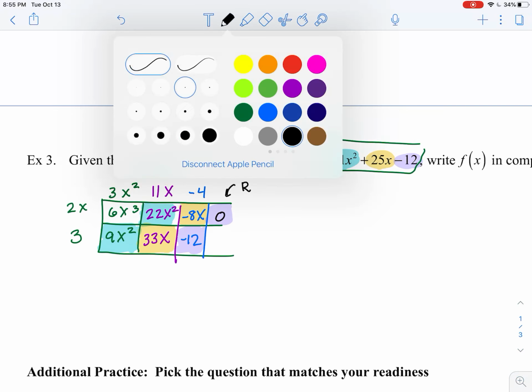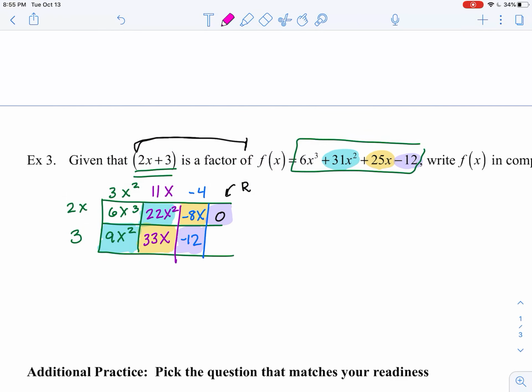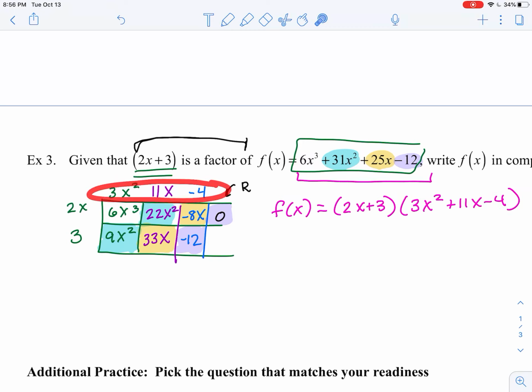So what this tells me is that I could take this cubic function right here and I could rewrite it and say that it factors into 2x plus 3 times 3x squared plus 11x minus 4, right? I know that this times this gives me my original cubic function.